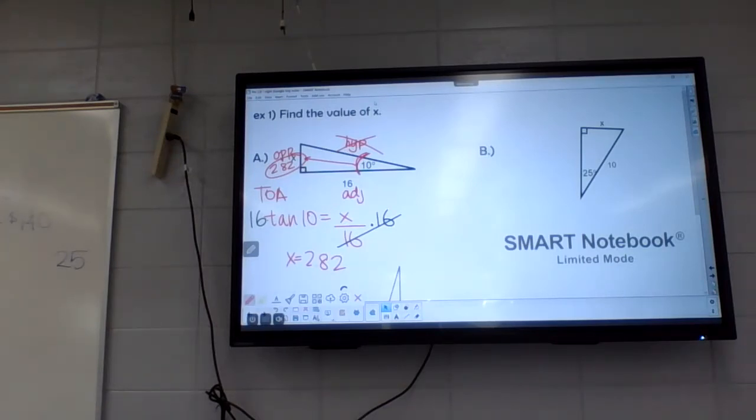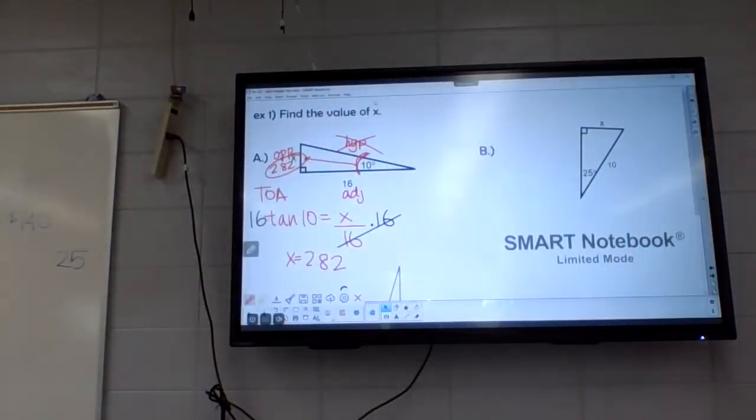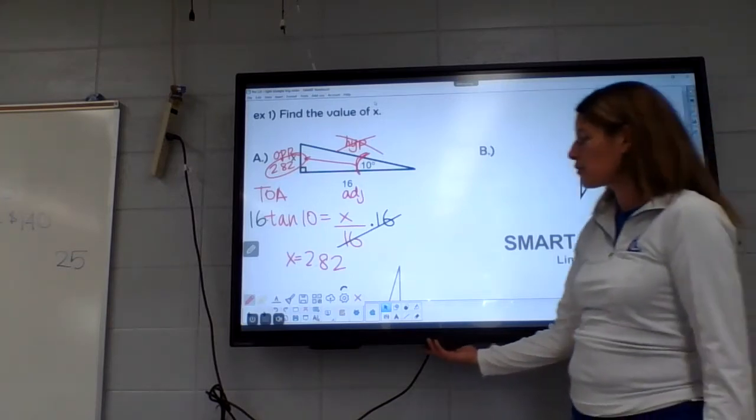And we do have a worksheet, so I'm just going to assign part of the worksheet for homework. All right, so which trig ratio did you use for letter B?